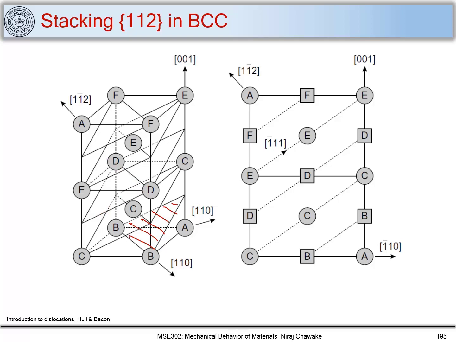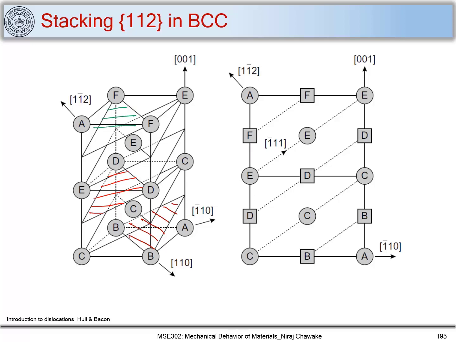Let us mark here one more time. So we have this D layer which I am marking here. These are 112 type of planes, and similarly we have E atoms which are marked on this 112 type of planes, then F atoms which are marked on this 112 type of planes. Let's mark F atom here once more to understand it clearly.